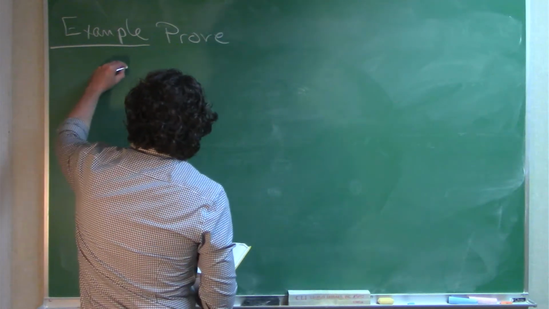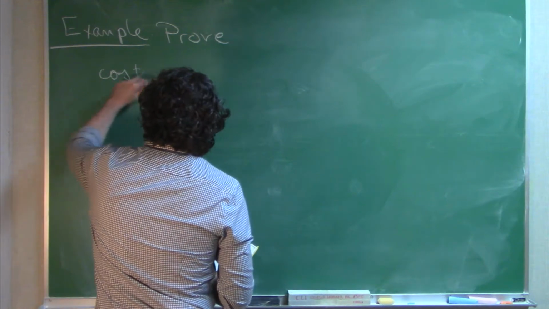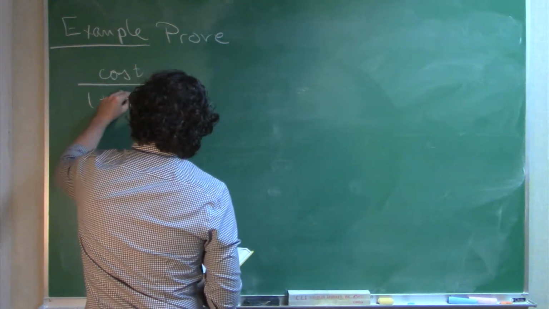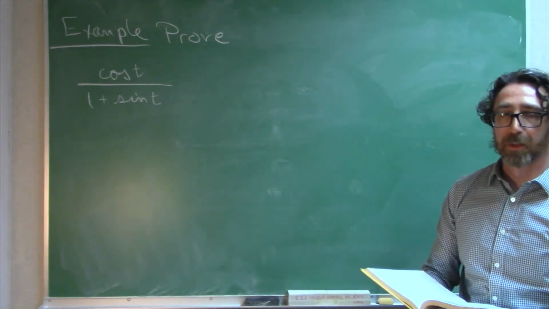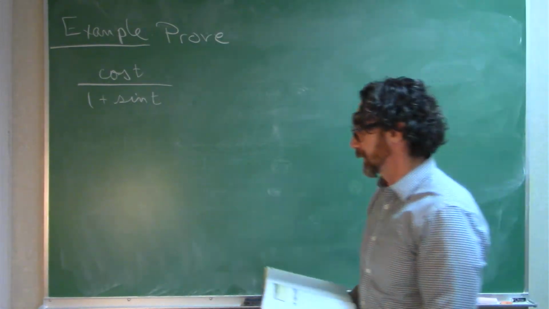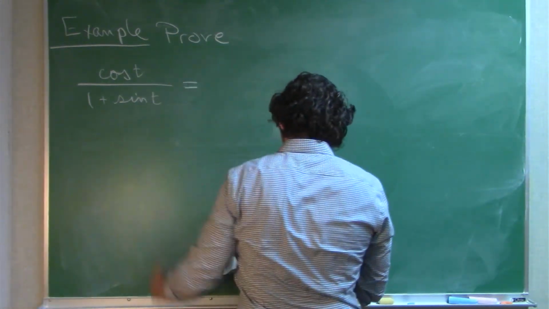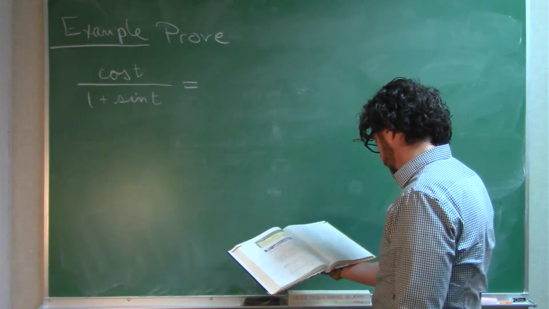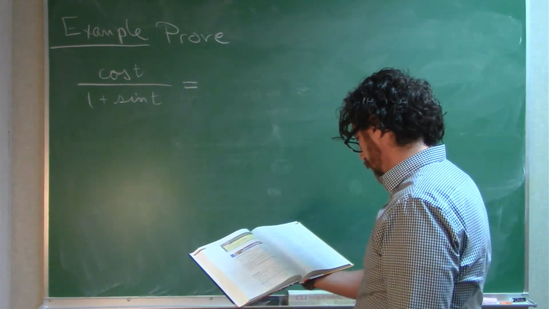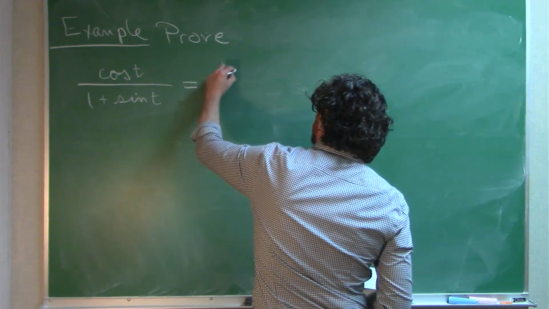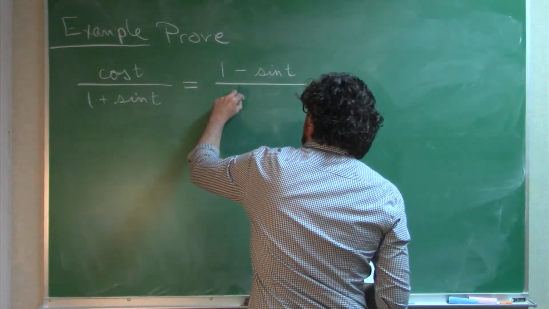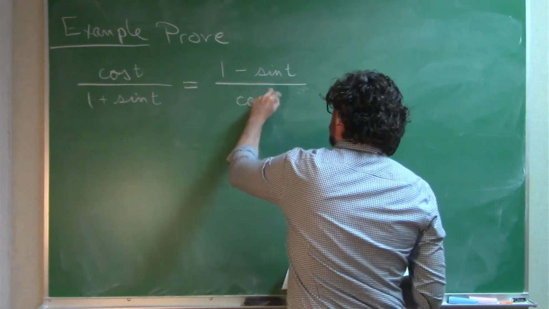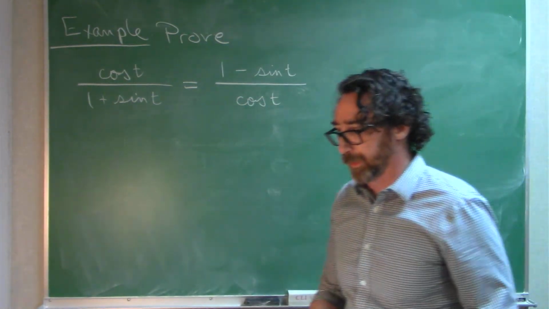Prove that cosine t over 1 plus sine t. Okay, cosine t over 1 plus sine t. We want to prove that is equal to 1 minus sine t over cosine t. Alrighty.